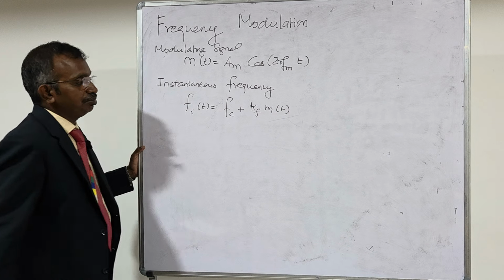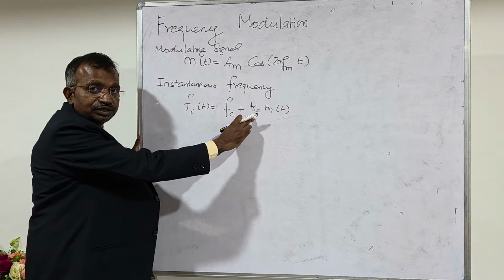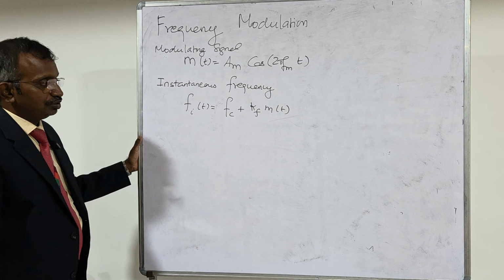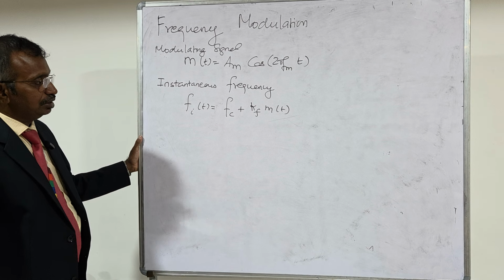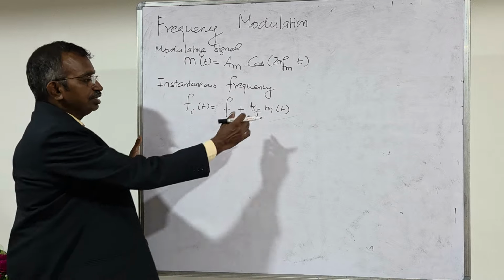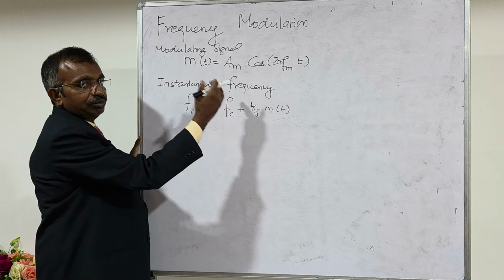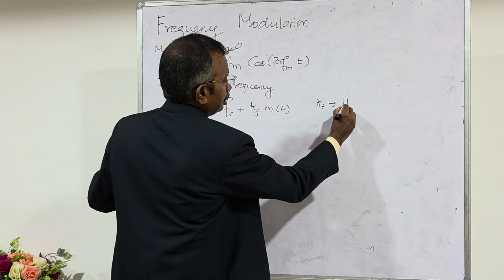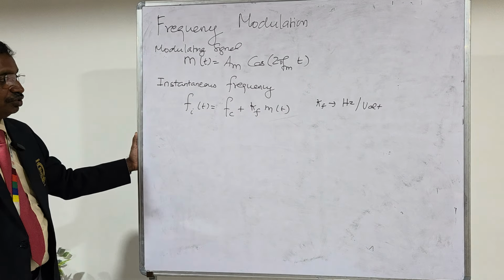Kf is the frequency sensitivity, m of t is the message signal, and Fc is the carrier frequency. Kf is given in hertz per volt, and m of t will be in terms of volts. So volt and volt will get cancelled, and the final answer will be in terms of hertz.